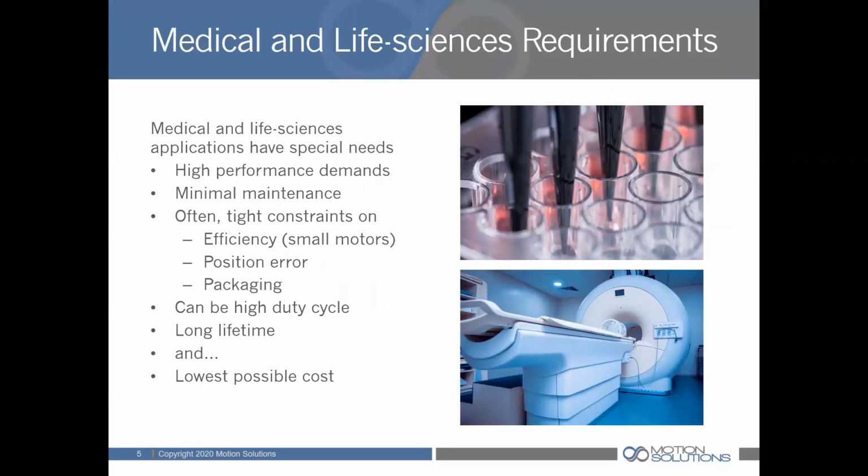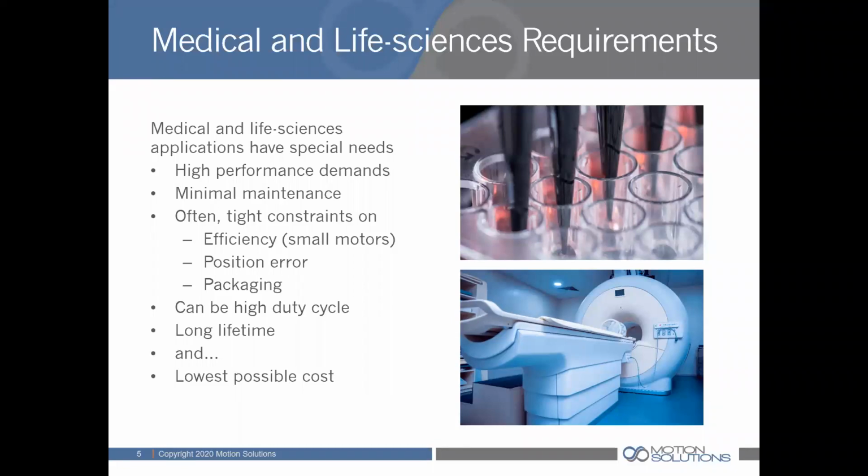In medical and life science applications, just to review, many of the applications can have high performance demands. This might be in running accuracy, it might be in speed, it might just be the fact that some medical equipment can run in laboratories maybe up to 24 hours a day. Also, generally, low maintenance is a requirement.